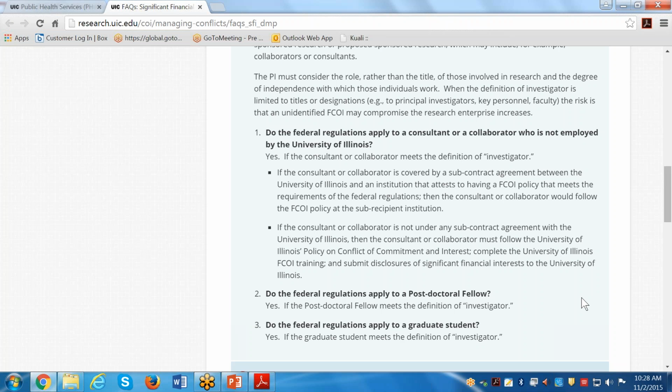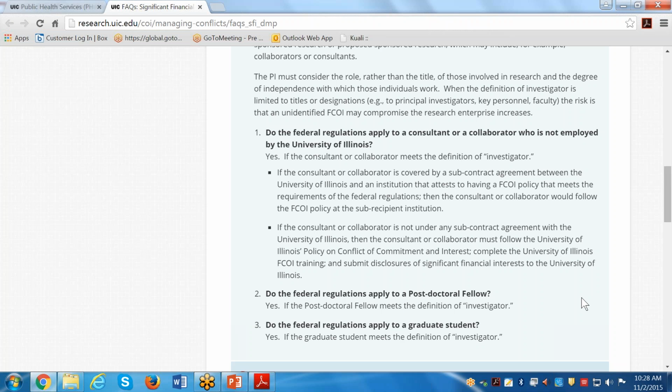And then, again, these are reiterated in the FCOI FAQs for NIH, but could a postdoc, could a graduate student be an investigator? Again, don't focus on what their title is or who they are. I think that this regulation doesn't say anyone is too small to be potentially affected by the regulation or not applicable to them.